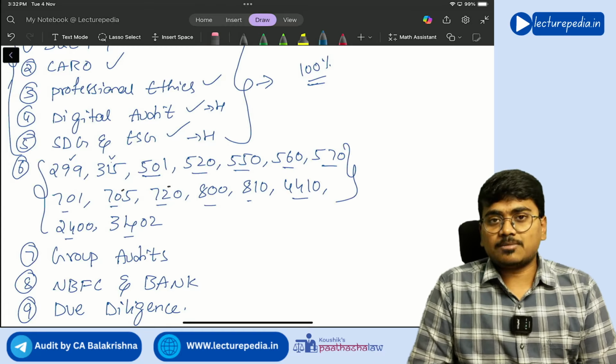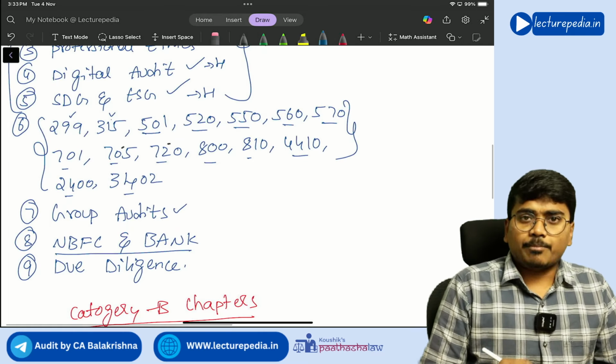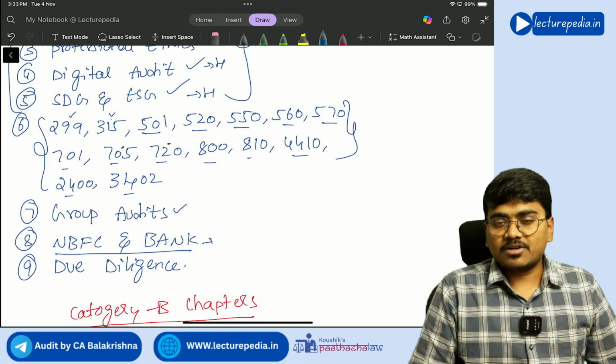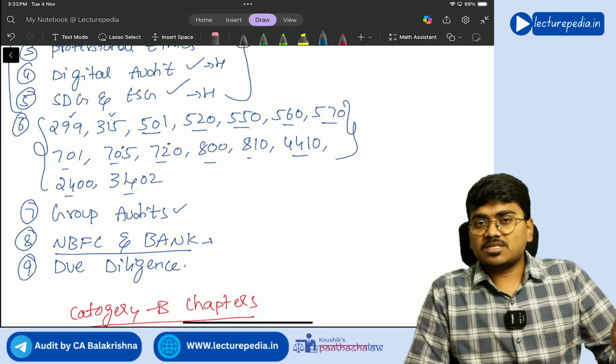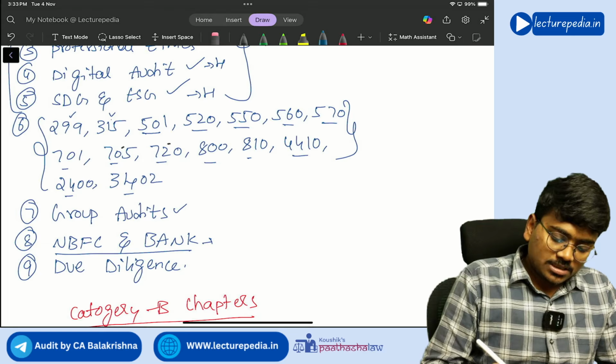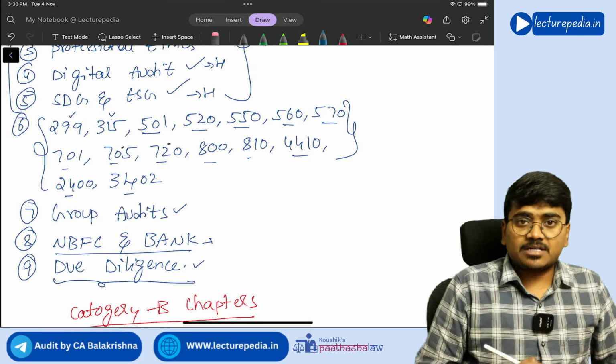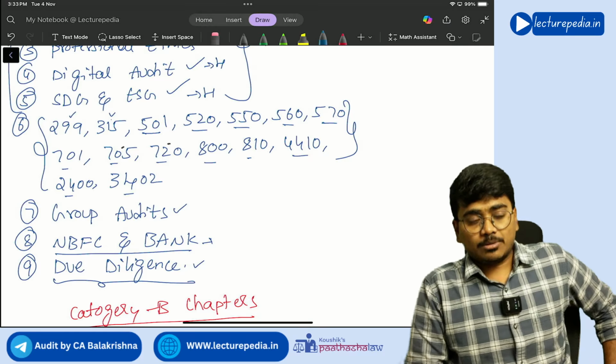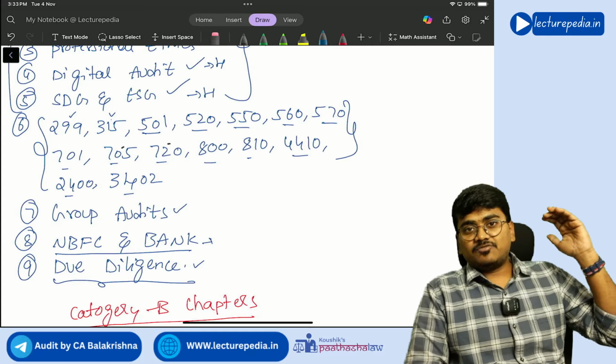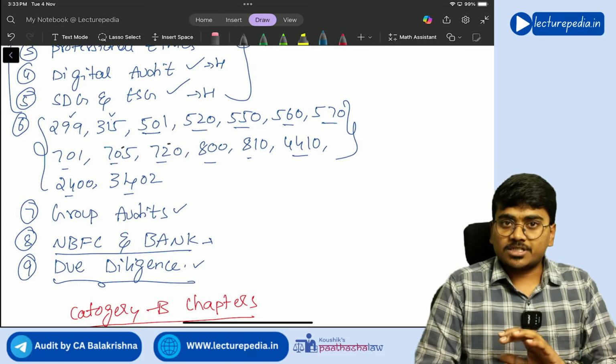Next, group audit also, similarly just like the above 5 standards, they will give for sure 4 to 5 marks. And NBFC and bank taken together, you will get 5 marks. Sometimes you will get from NBFC, sometimes from bank audit. And due diligence, till now they haven't asked any question. If you observe in the new syllabus, right from the beginning they haven't asked any question.